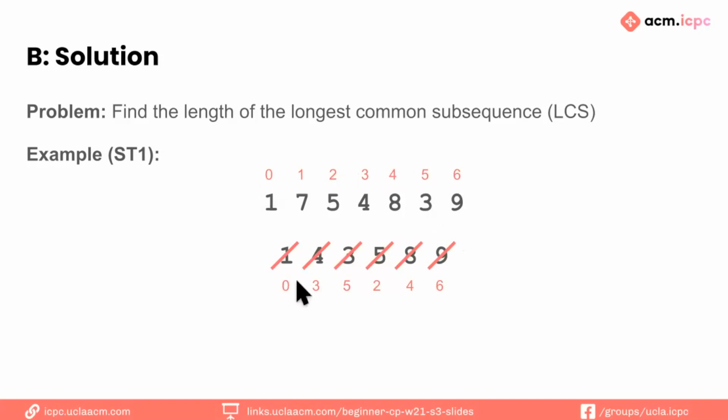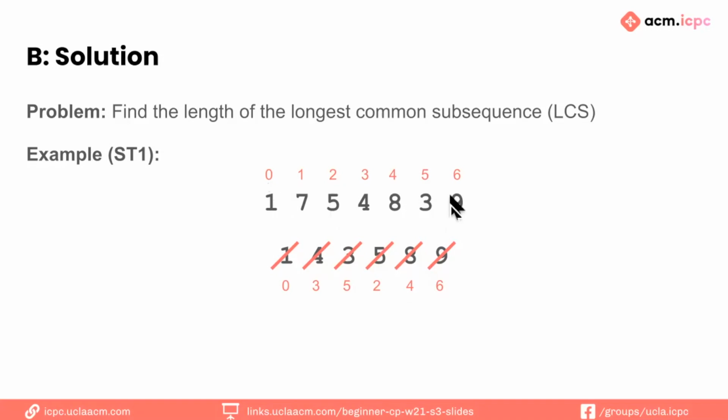So by choosing the longest possible subsequence of increasing indexes, we can then look at those increasing indexes within the other sequence. We found 0, 2, 4, 6, and looking at that within the other sequence, 0, 2, 4, 6 corresponds to 1, 5, 8, 9.